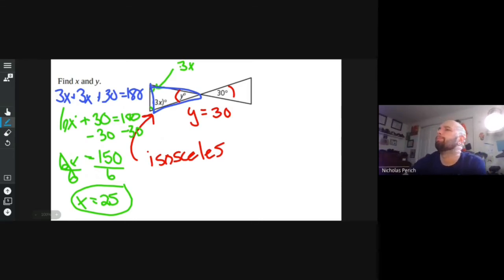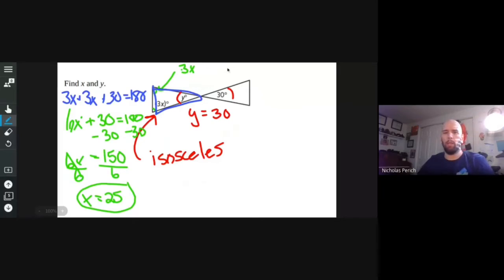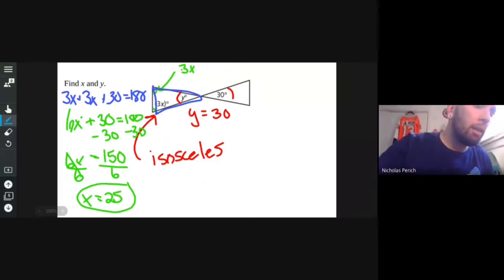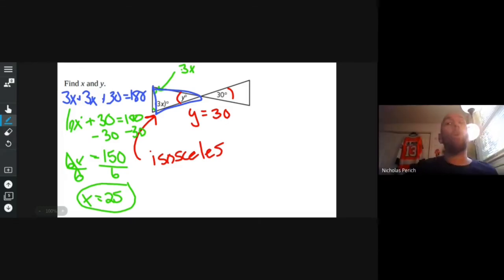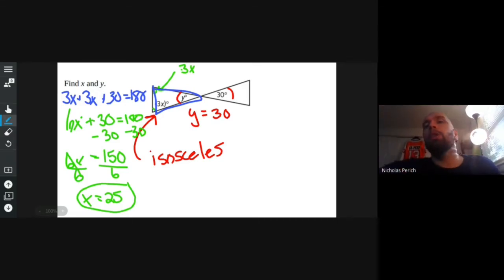All right, here we are. So again, that's another key thing that we seem to forget a lot with this section: we dealt with isosceles triangles quite a bit, and we've seen that twice now.